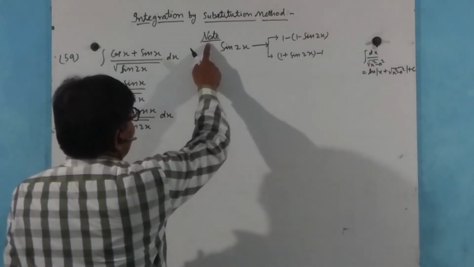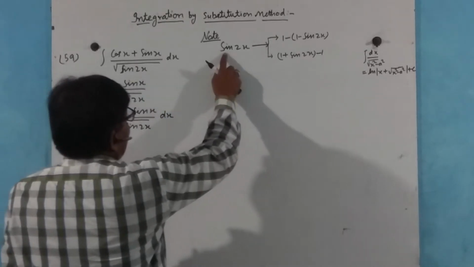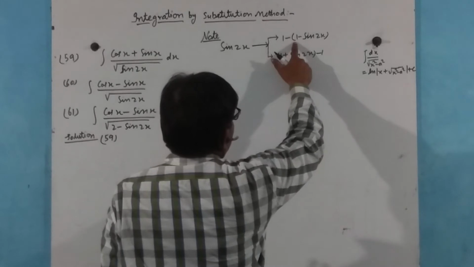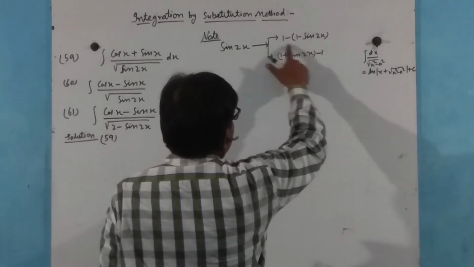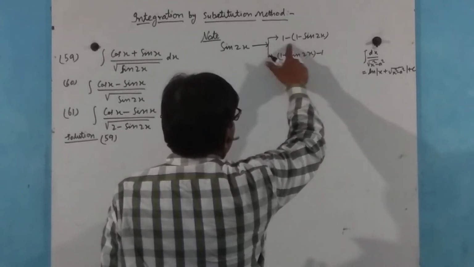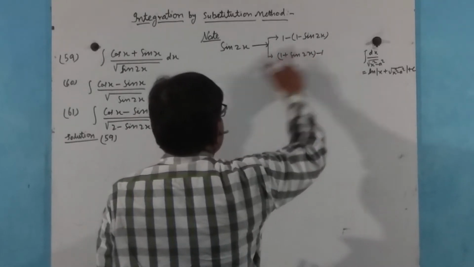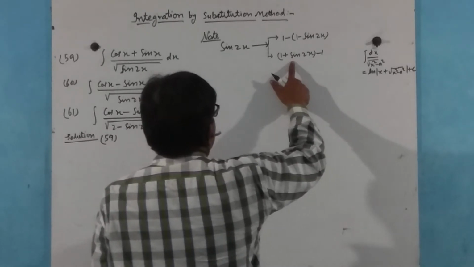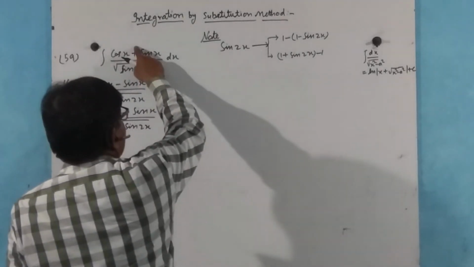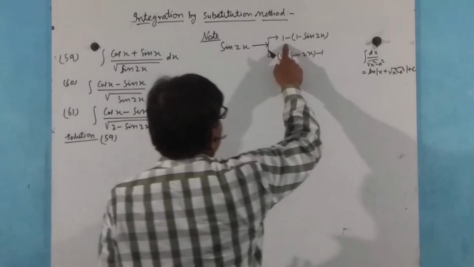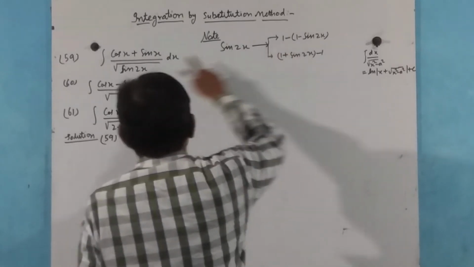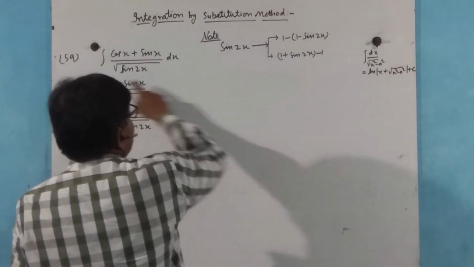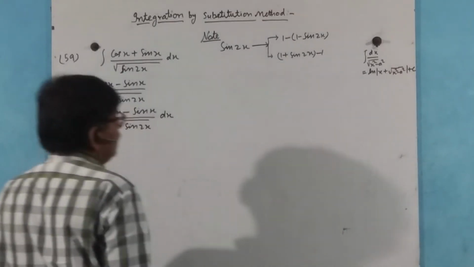We take one note here: sin 2x can be written as 1 minus (1 minus sin 2x), or minus 1 plus sin 2x. In the positive case we take the negative part, and in the negative case we take the positive part.